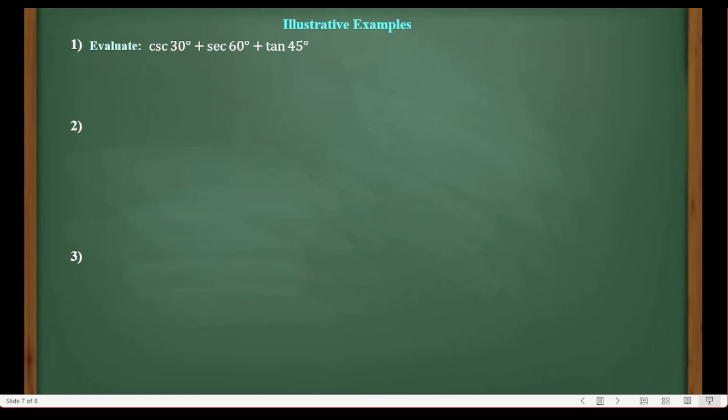Evaluate cosecant 30 degrees plus secant 60 degrees plus tangent 45 degrees. So for our solution, you must know the values of each of these, since the angular measures involved here are special angles.